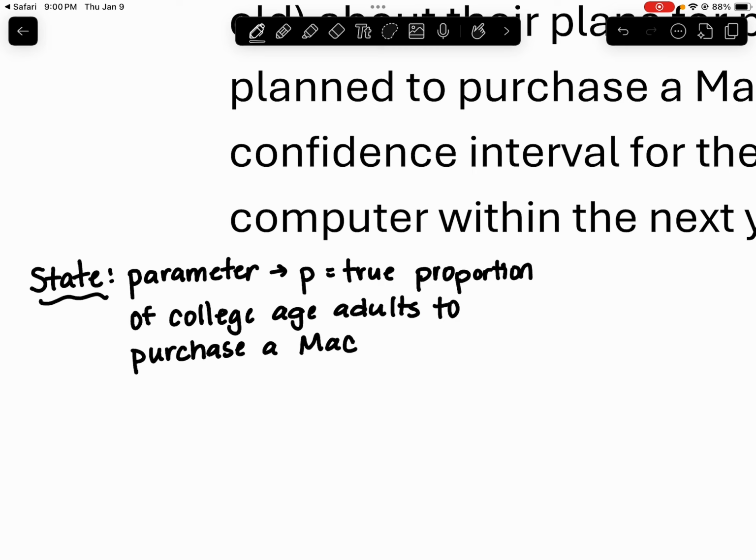I think technically it was in the next year. And then we went with a 95% confidence interval. It says state the parameter that we want to estimate. The true proportion of college adults to purchase the Mac, and then we had to state what confidence level we wanted.